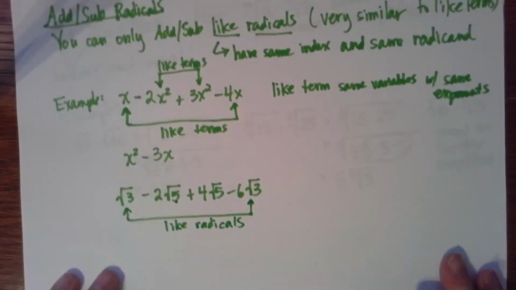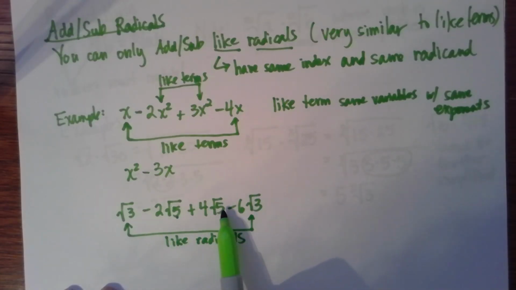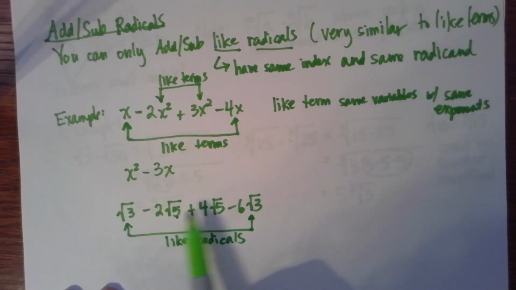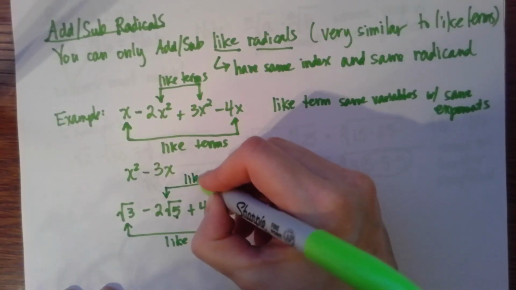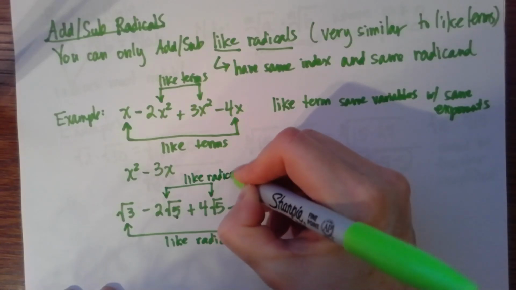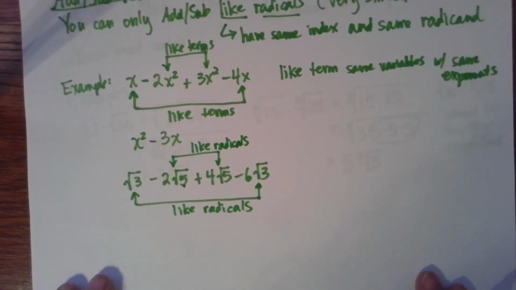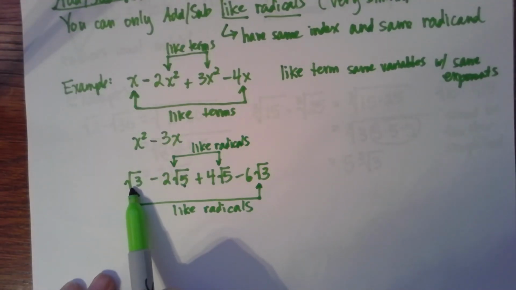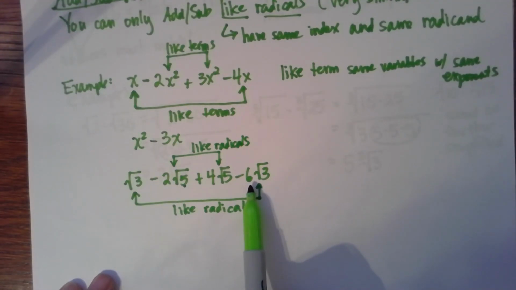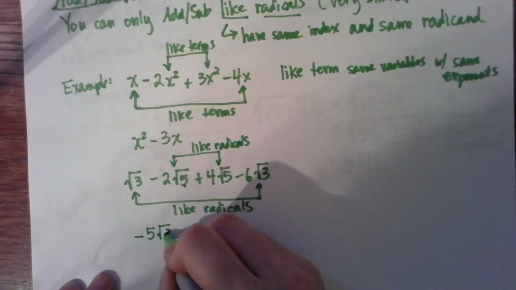Similarly, I've got an index of 2 and a radicand of 5, an index of 2 and a radicand of 5. These would be like radicals. And as long as they're like radicals, I can combine them. So if I were to simplify this, I have a square root of 3, and I take away 6 square roots of 3, I'm going to end up with negative 5 square roots of 3.